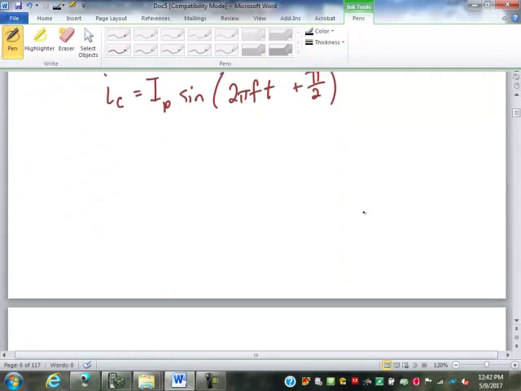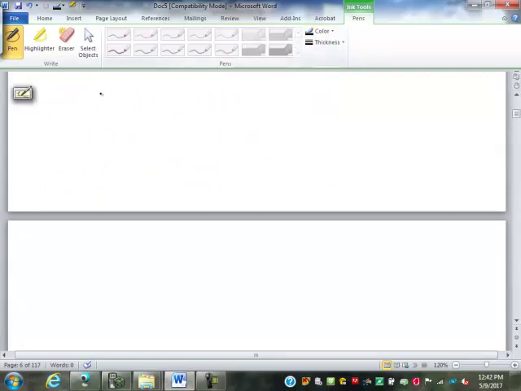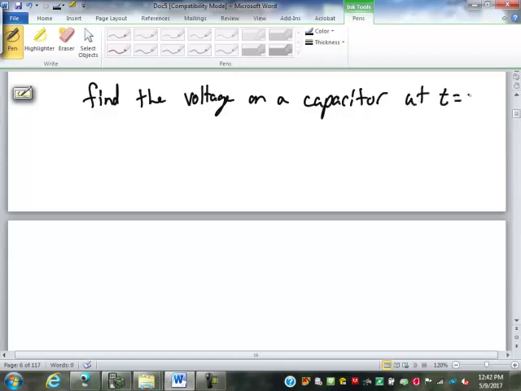So what I want you to do is find the voltage on a capacitor at t equals 0.3 milliseconds if the peak voltage of the source is 340 volts.